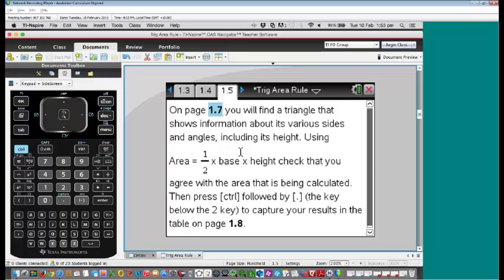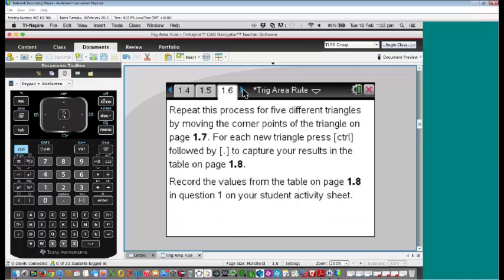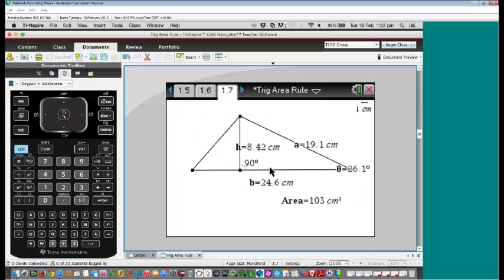So again, it talks the students through, tells them what rules they should already know, and down the bottom it says we're going to have a look at a couple of triangles in a moment, and press Control followed by the dot, full stop, or decimal point, which will capture some of the results that we get with these triangles. I'll show you how that works in a moment. It then talks about repeating the process for 5 different triangles, and then the students have to fill in the information on the worksheet.